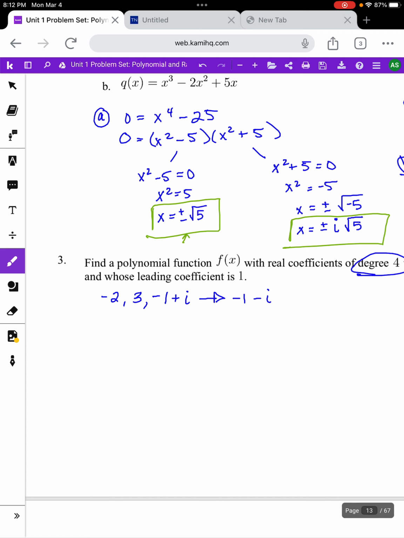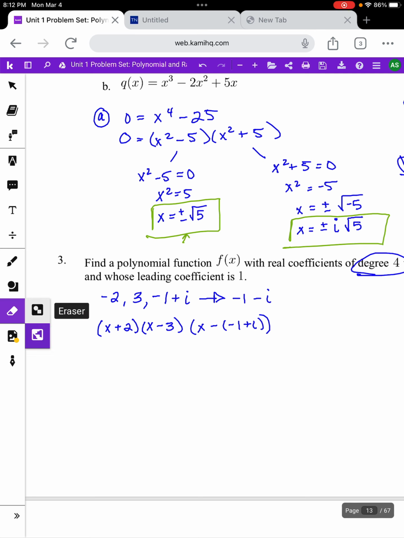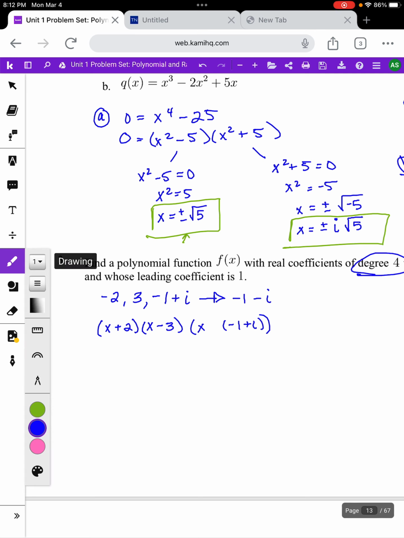So this would be x plus 2, x minus 3, x plus negative 1 plus i. Or sorry, that's a minus. Always a minus.